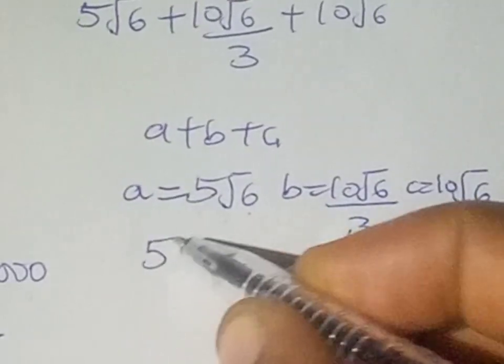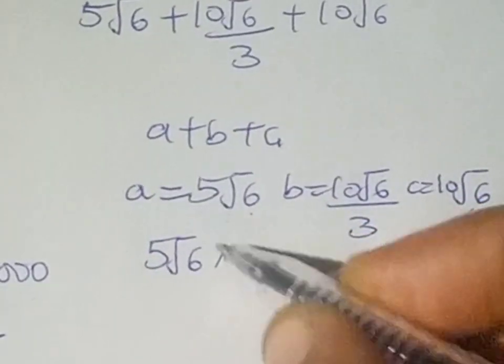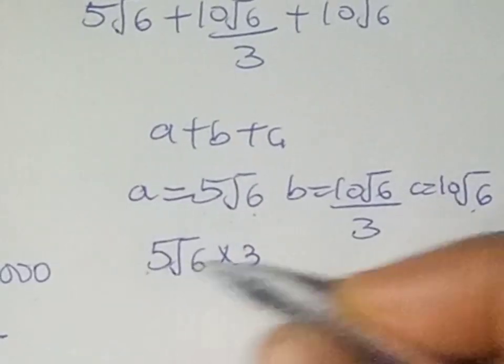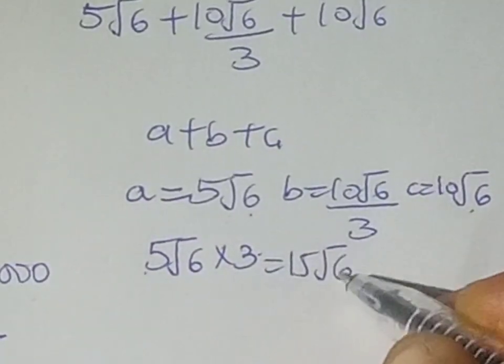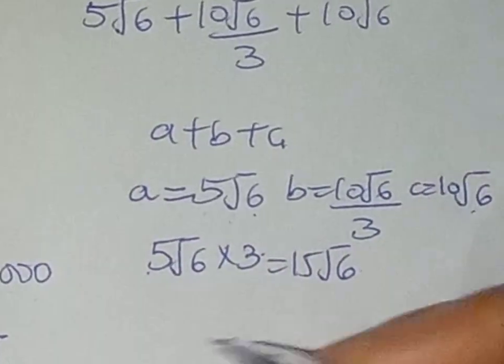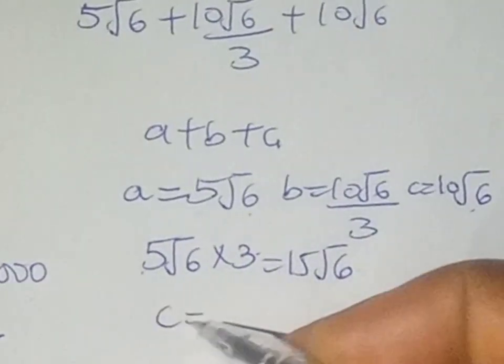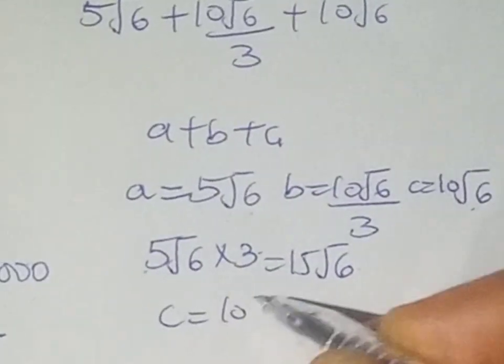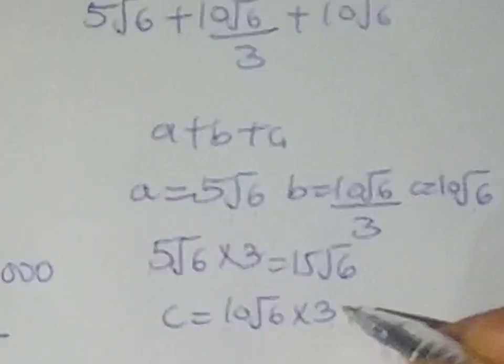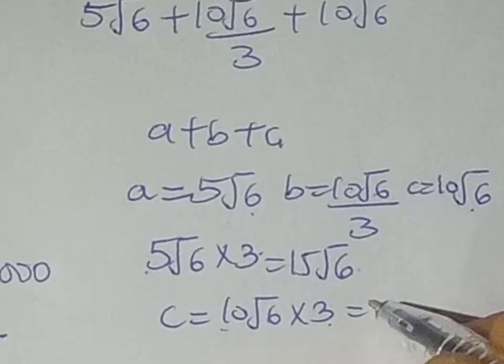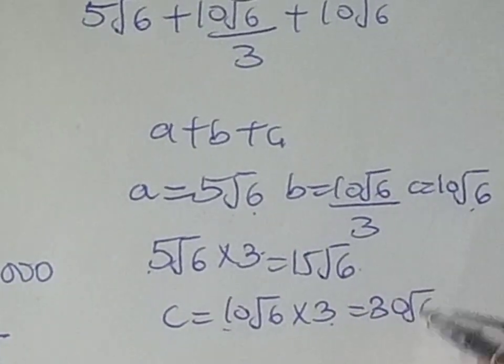So 5 root 6 multiplied by 3 will give us what? 5 times 3, 15. So we have 15 root 6 as our new A, and our new C will be 10 root 6 multiplied by 3. 10 times 3, 30. So our new C will be 30 root 6.